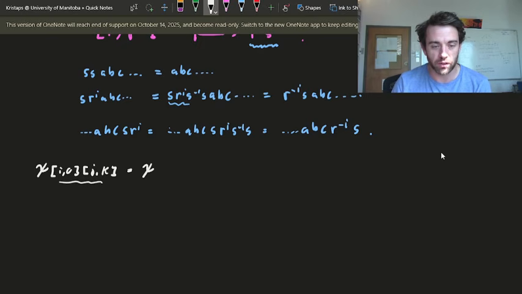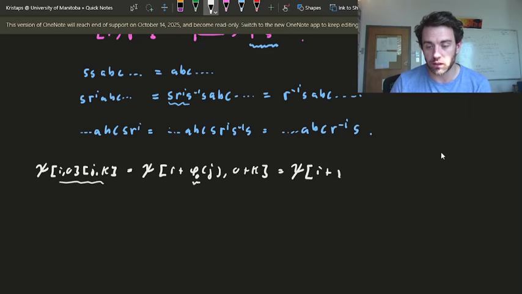If I multiply these two terms together, the multiplication is i plus phi at 0 applied to j, 0 plus k. And this is going to be psi of i plus, since phi at 0 is the identity, i plus j, k.